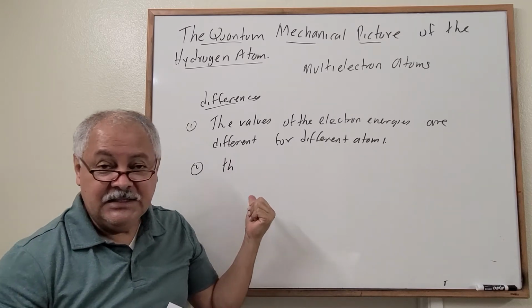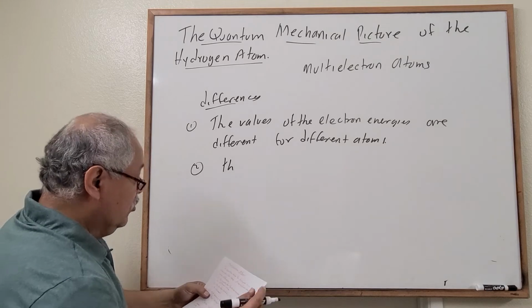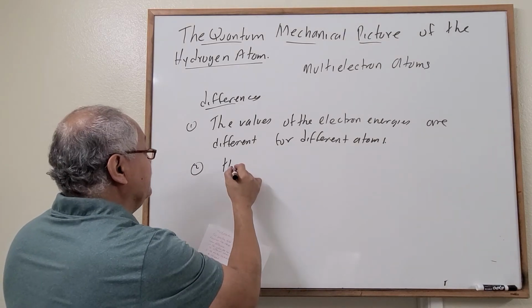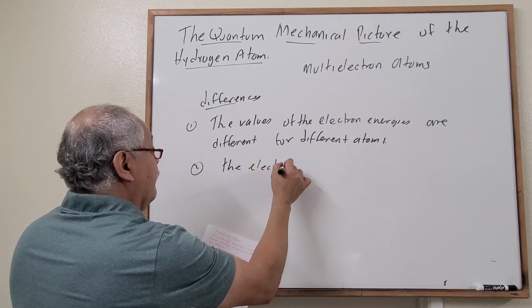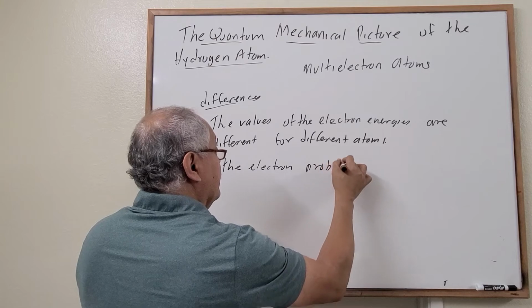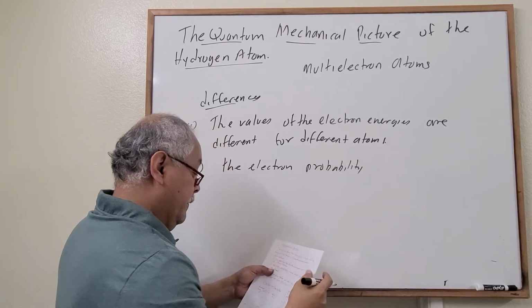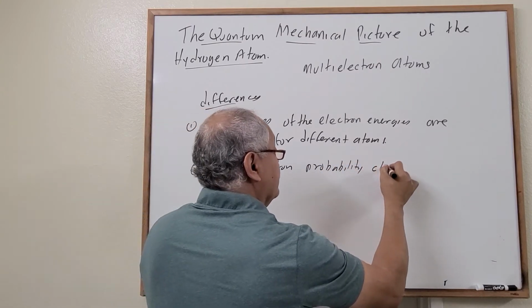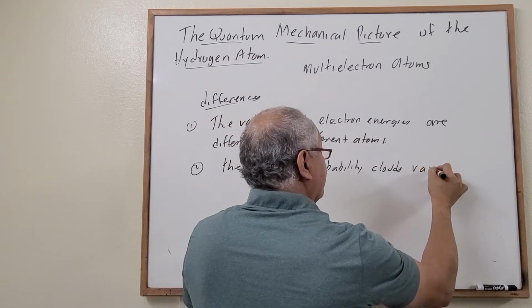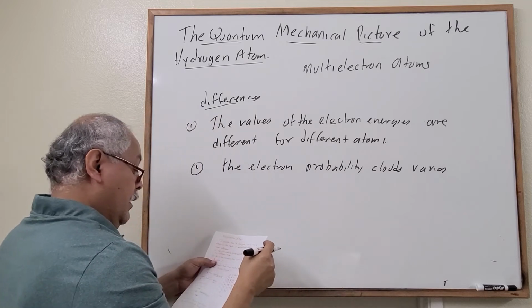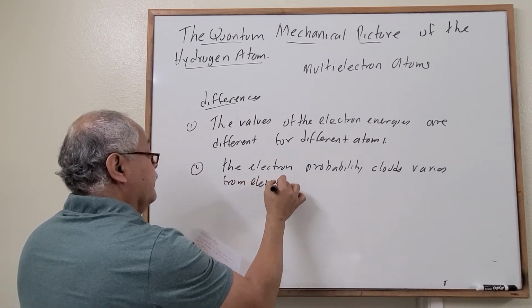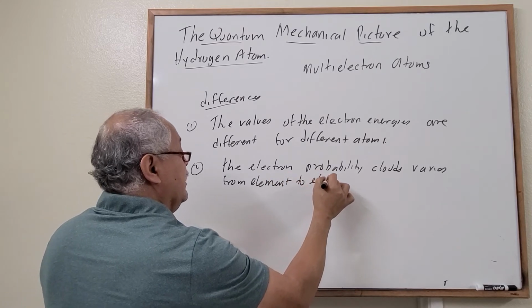And that's the statement right here: the electron probability clouds vary from element to element.